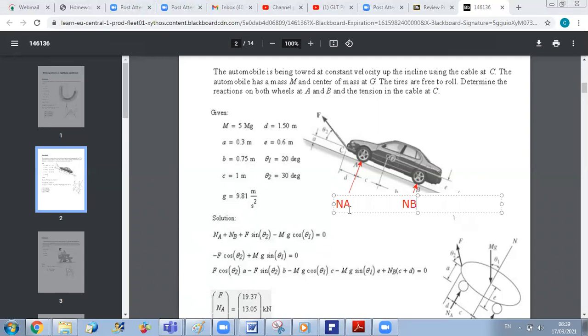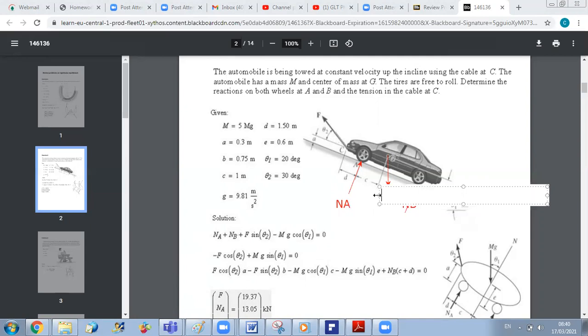The weight is applied at the center of mass, G. So the weight is always vertical, applied at G. So this is W. And I have the force F, which is making an angle theta 2 with the inclined line. So these are my forces.